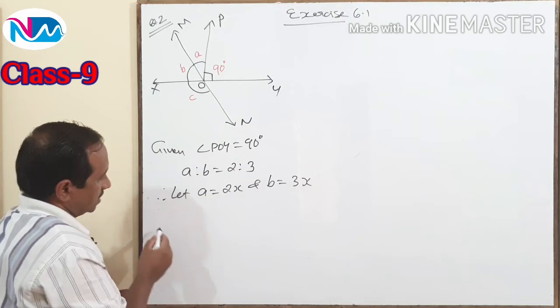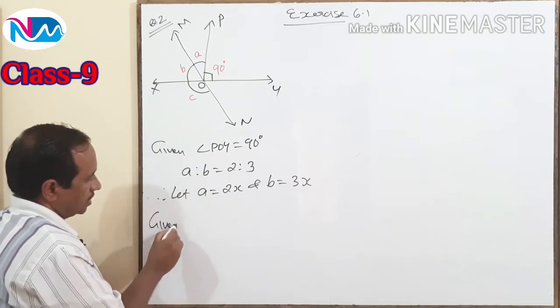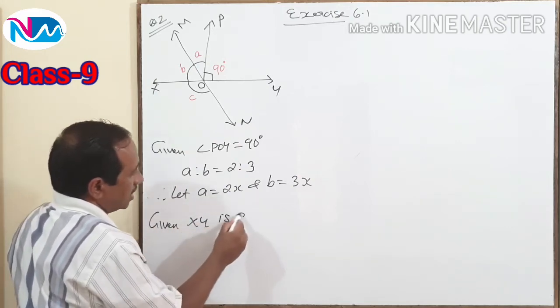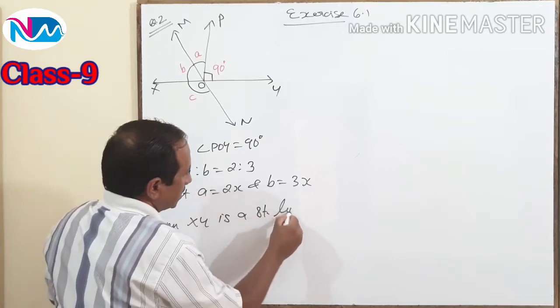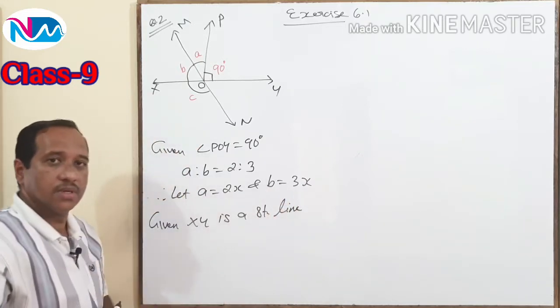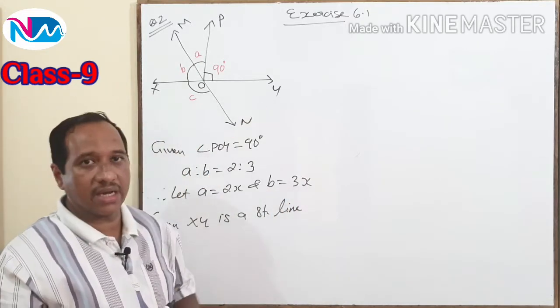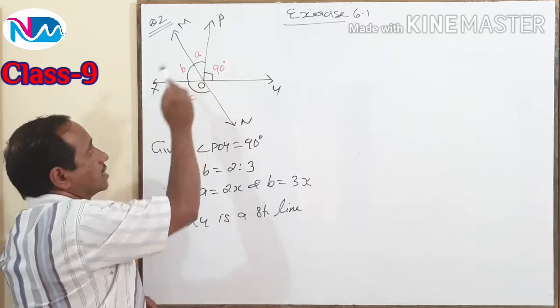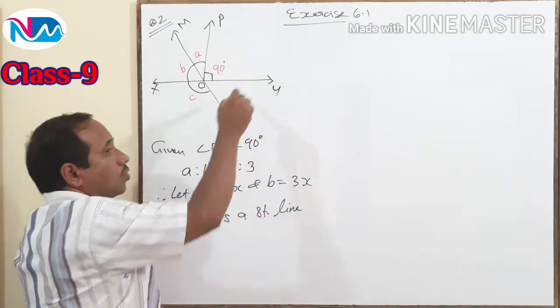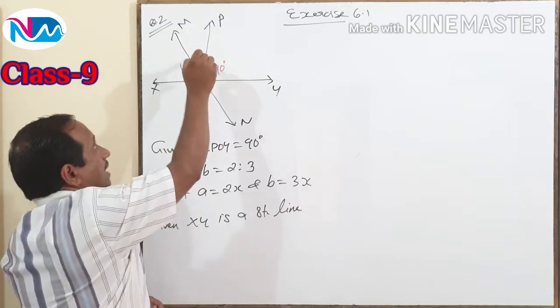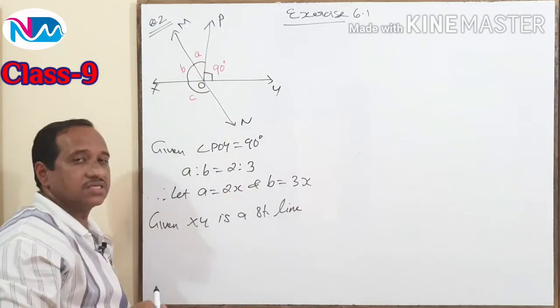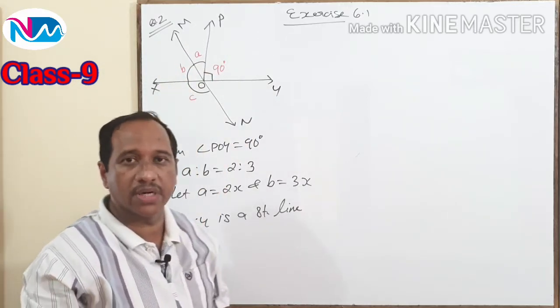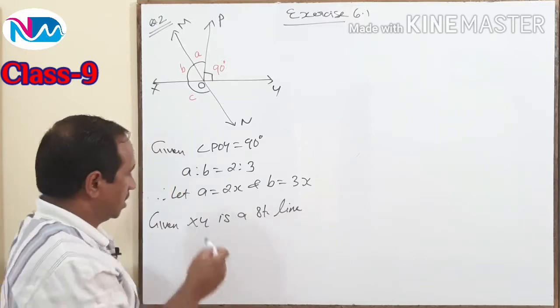Now XY is given as a straight line. If XY is a straight line, then the sum of the three angles, that is angle POY, angle a and b is equal to 180 by the property of linear pair axiom.